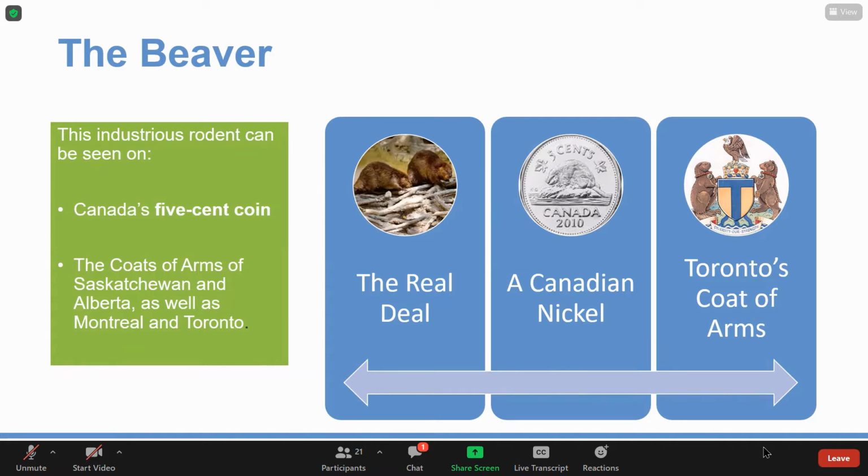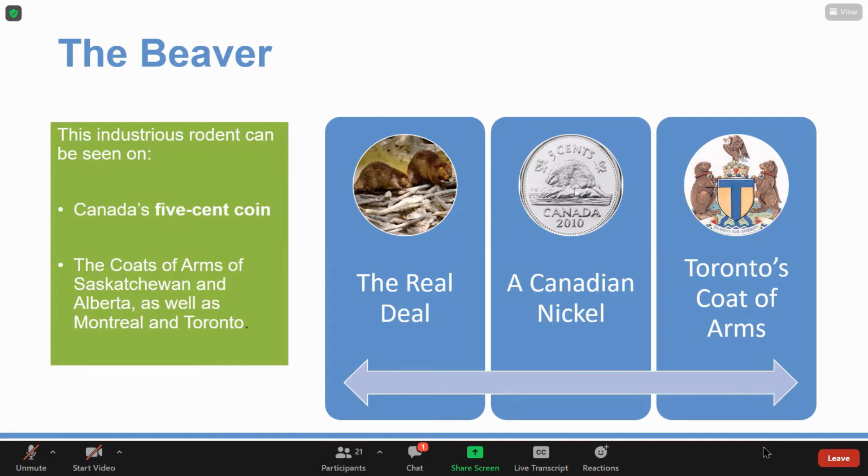All right. So in the test, they might ask you which animal symbolizes Canada. You can have a bear, a moose, a beaver, a salmon. There are a lot of them in Canada, but it's the beaver. Or they can ask you on which coin the beaver shows. Is it on a nickel, on a toonie, loonie?